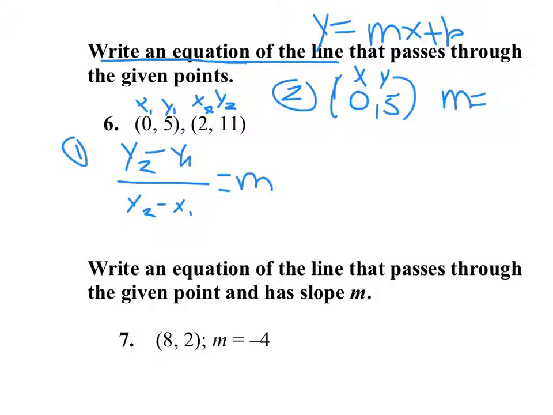And then in the end, once you know your b and you have your m from part 1, I simply want you to fill in the blanks. Y equals blank x plus or minus whatever your b is.